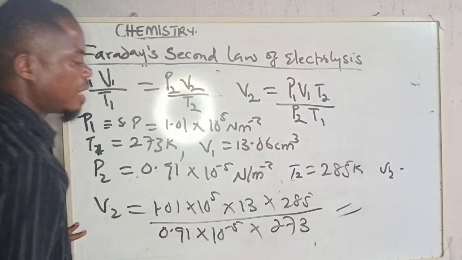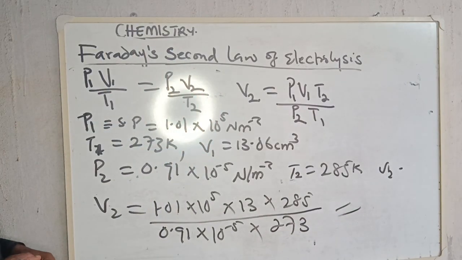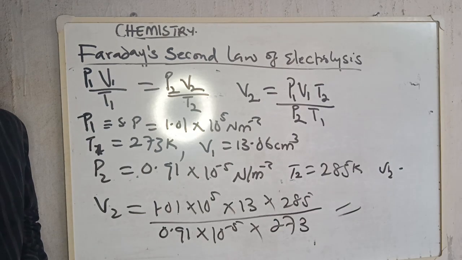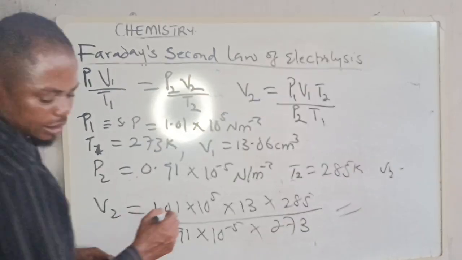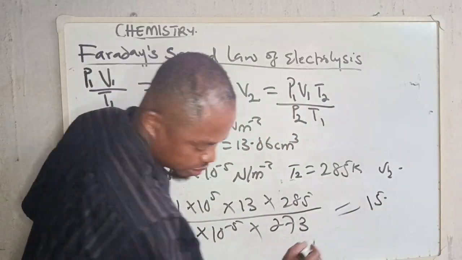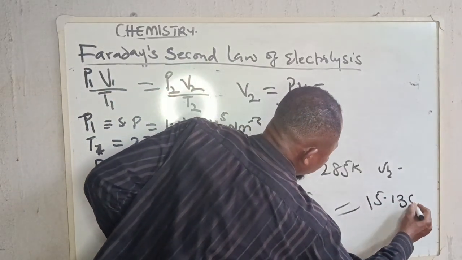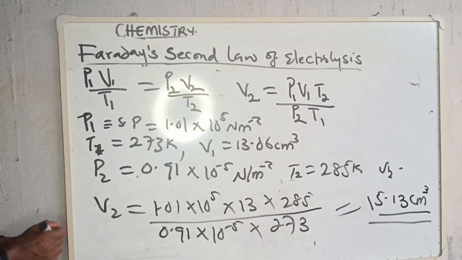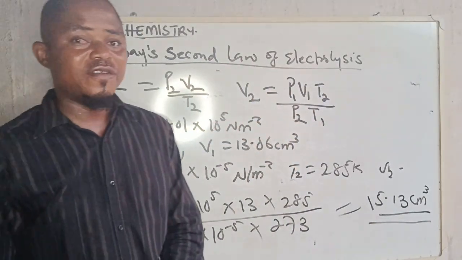Please, can you press your calculator? What answer do you get? You are going to get 15.13 cm³ as your final volume of oxygen evolved at 285 Kelvin.